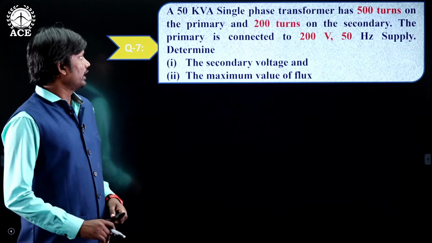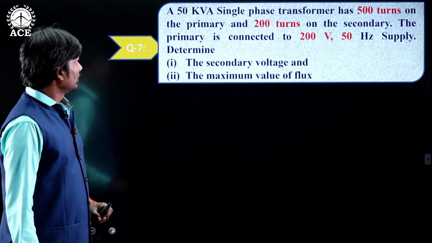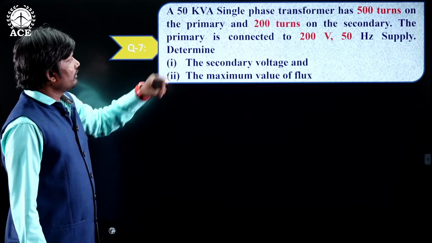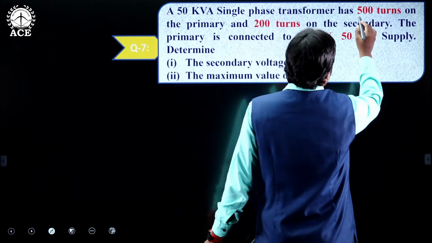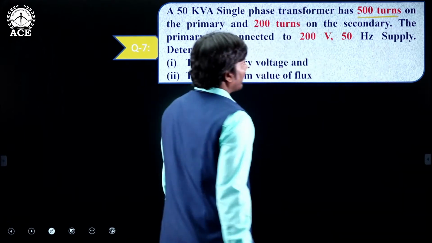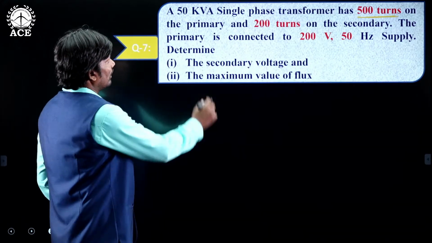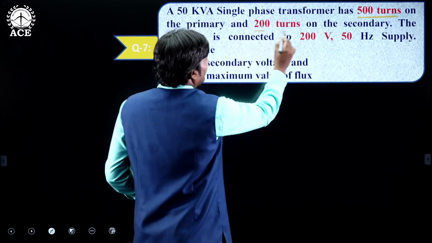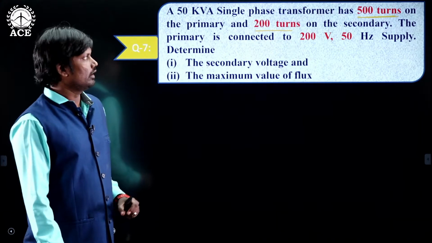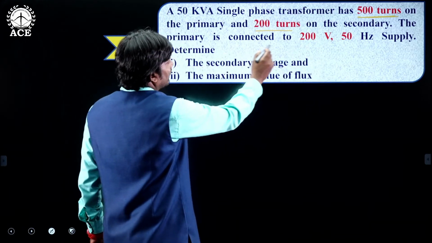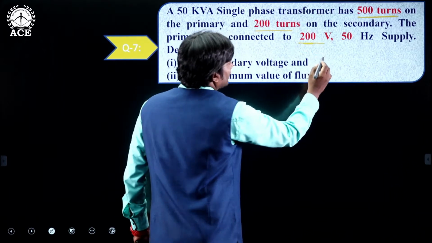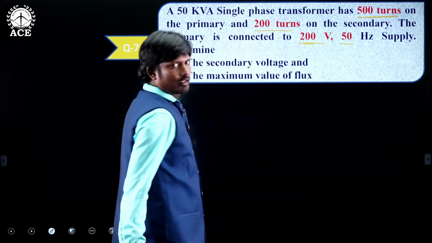Now the next question. A 50 kVA single phase transformer has 500 turns on the primary and 200 turns on the secondary, and the primary is connected to a 200 volts, 50 hertz supply.